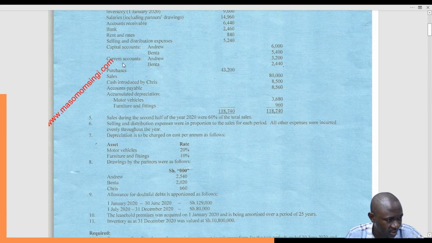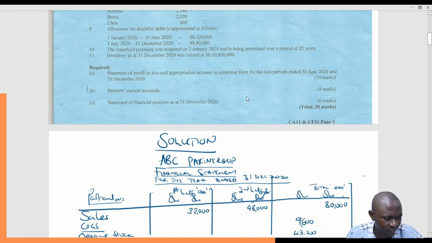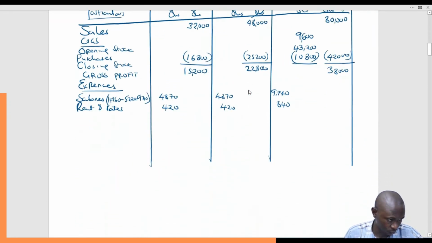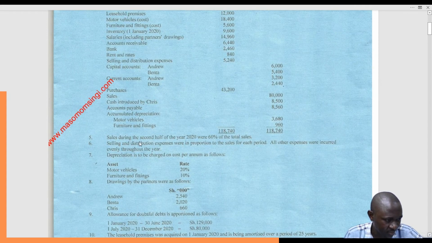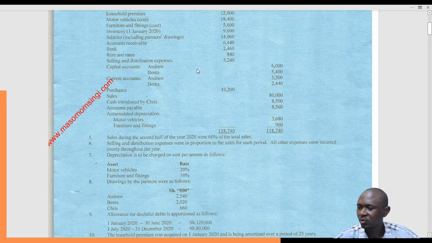Then next we have selling and distribution expenses, 5240. We've been told that one is at the ratio of 40% and 60%. That is number 6. So selling and distribution is 5240. We'll do 0.4 times 5240, that is 2096.